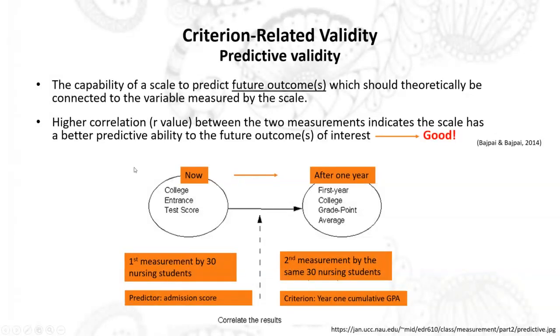So you see the diagram here. Now there is a new academic year, and the college has recruited a group of students already, and all of them need to do a college entrance test. The purpose of developing this test is that the college wants to know whether the score can predict the first year's GPA.